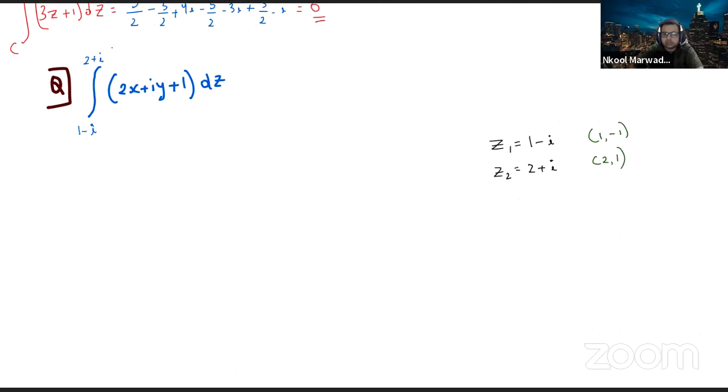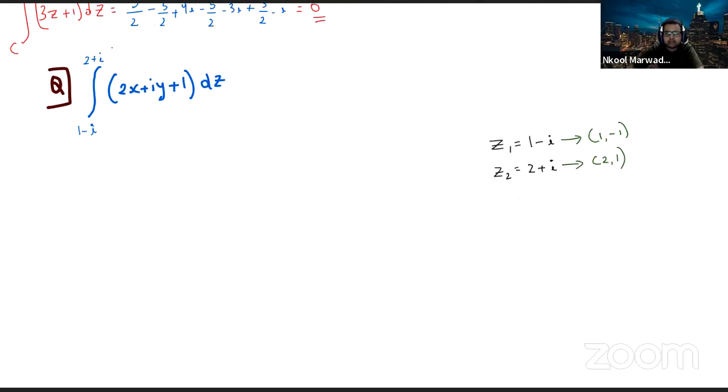There is a typo in the question: in the lower limit it is written i minus 1, but exactly it is 1 minus i. So whatever I have written is the right question, and these are the points we get for that question. Now we will plot it.